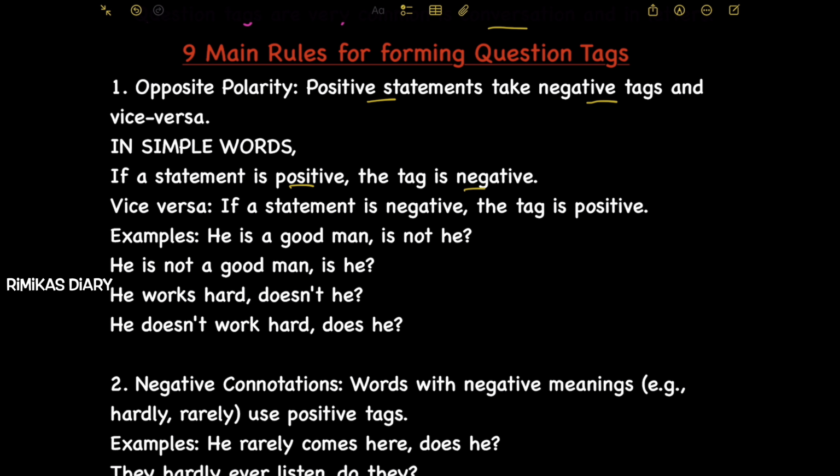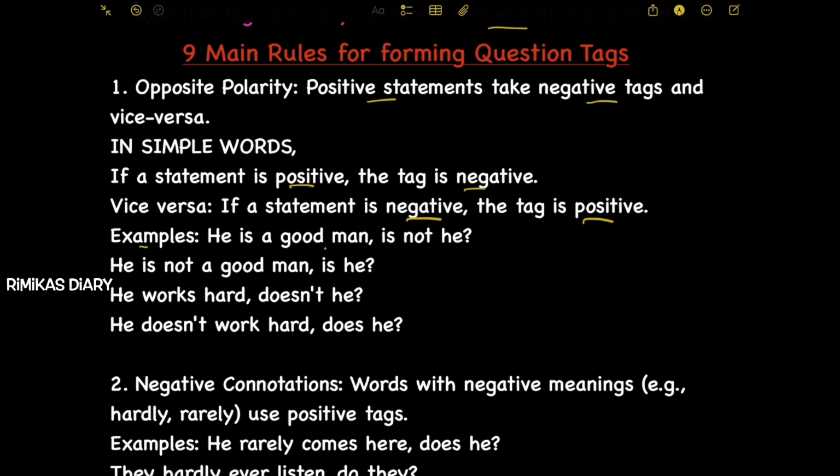Vice versa means the opposite thing. If a statement is negative, then the tag is positive.